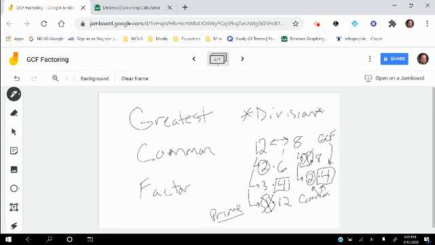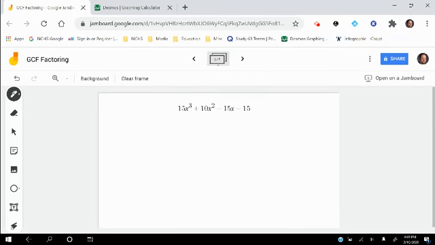Now let's look at this with variables involved as well. There's sort of two things that we always look for. I like to look at the variable first. It's the easiest to spot. And then we also look at the numbers.